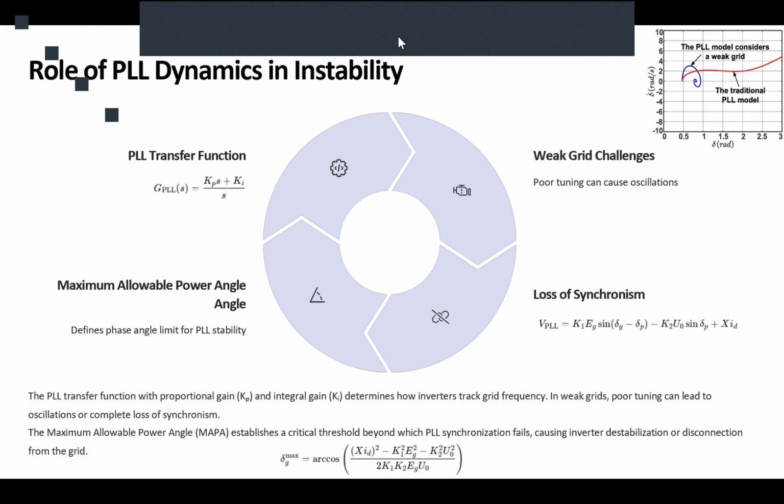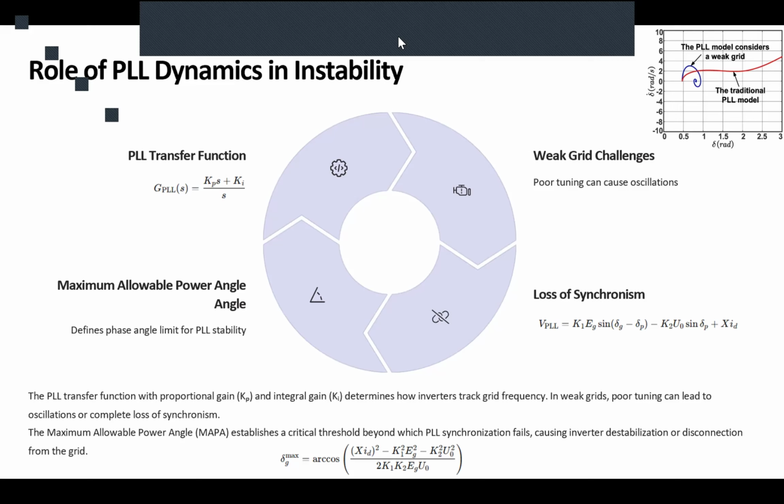Okay, now what happens is that if we have a weak grid, the reference for that PID controller is not stable because the grid is not strong enough to have a strong, solid frequency.